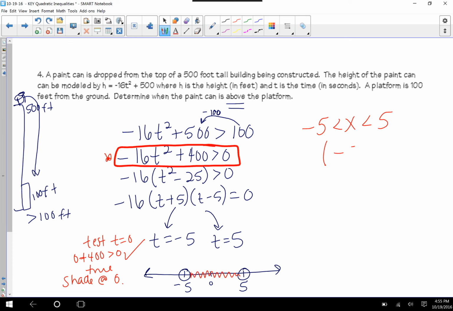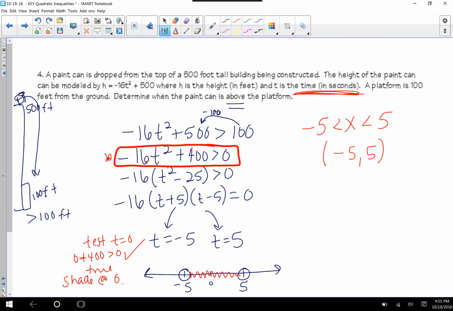And in interval notation, it's negative 5, 5 with parentheses. But we need to think for a second. We're talking about when a paint can is above the platform, and t is the time in seconds. So basically we're saying this can is going to be above the platform between negative 5 seconds and positive 5 seconds. Well, can you have negative time? No, we can't.